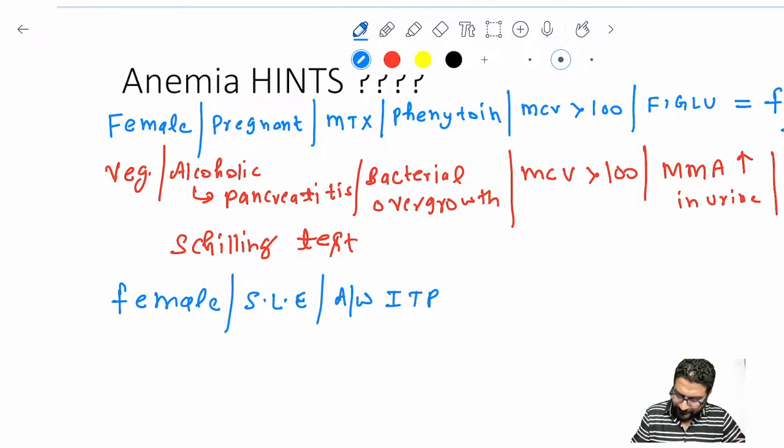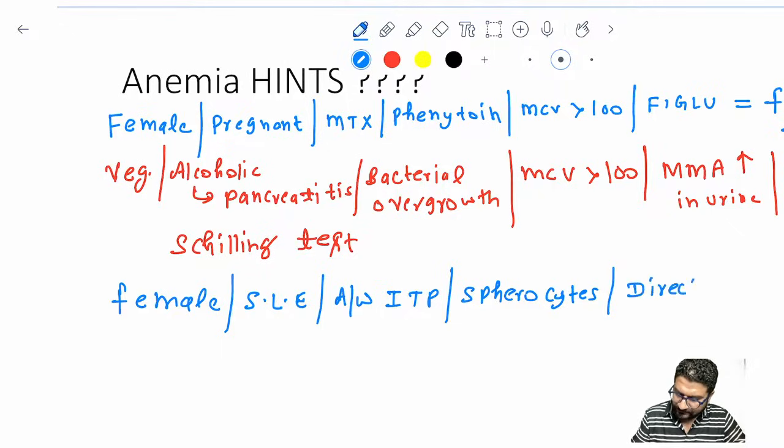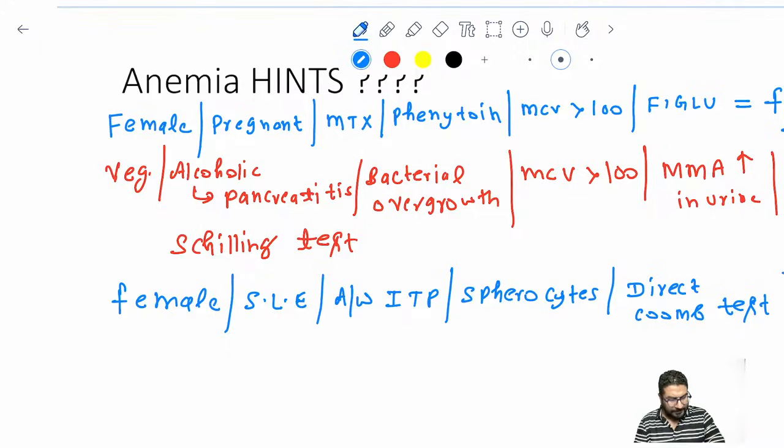Then they will give you spherocytes in the biopsy. And to make a diagnosis we need a direct Coombs test. Tell me what type of anemia this is. This is called AIHA, autoimmune hemolytic anemia.